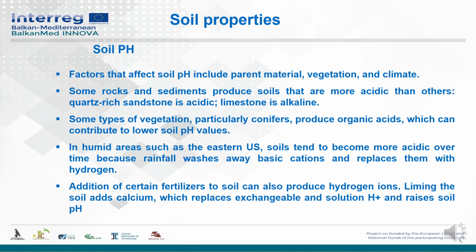Some rocks and sediments produce soils that are more acidic than others. For example, quartz-rich sandstone is acidic. In contrast, limestone, or soils that have their origin from limestone or have a high concentration of limestone, are alkaline.